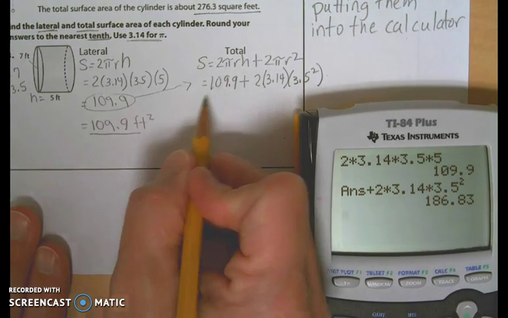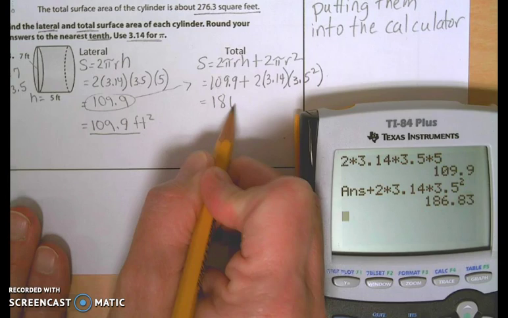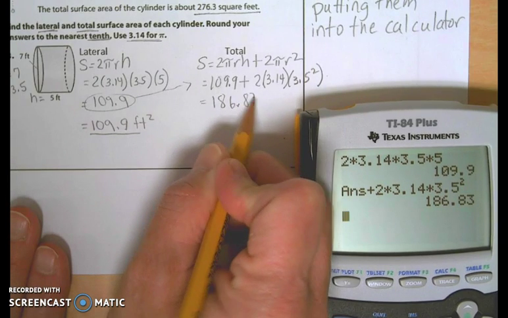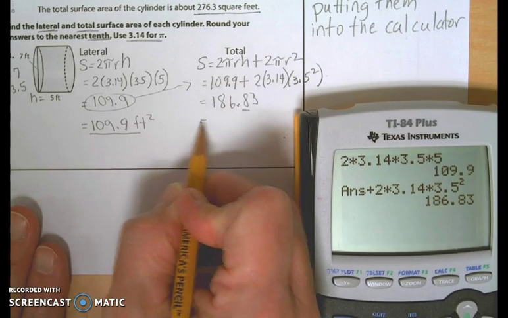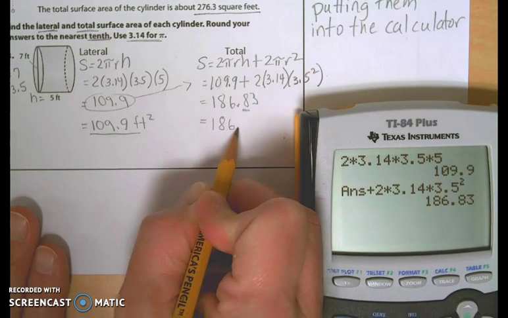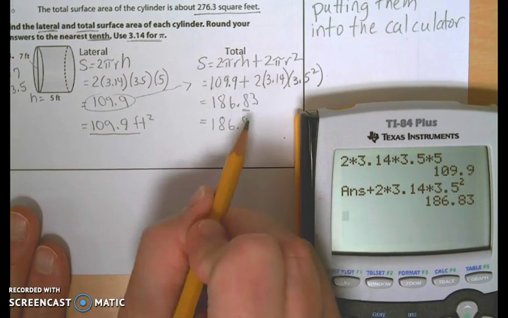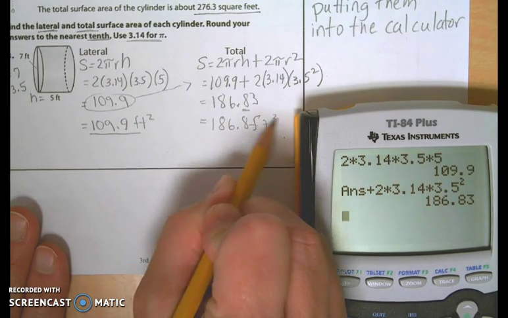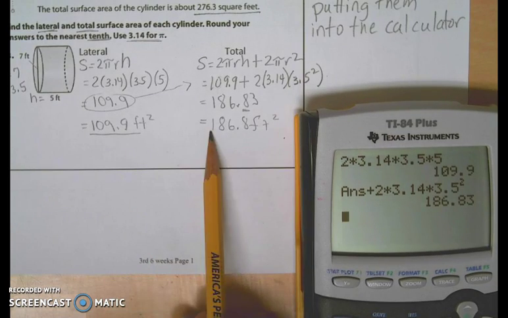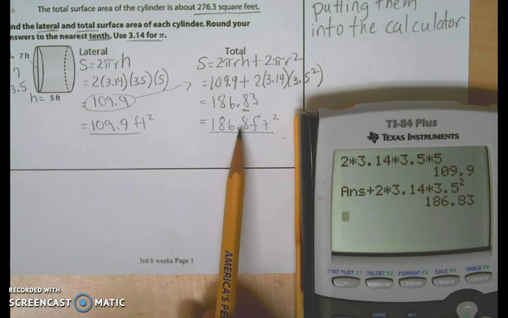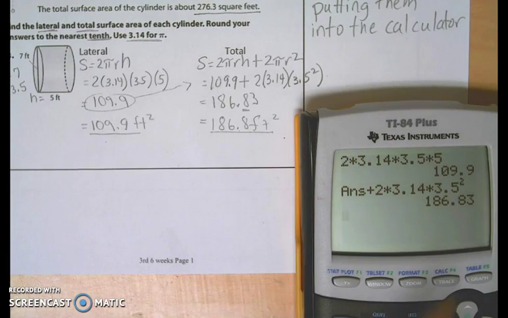My answer is now 186.83, but the tenths place is the 8, so when I look to the right, I round it to 186 8/10 square feet for total surface area. So I have my lateral and I have my total, and I let the calculator do all the work.